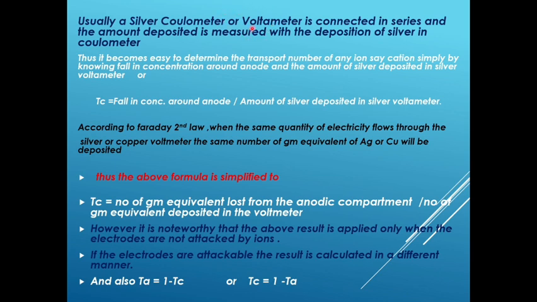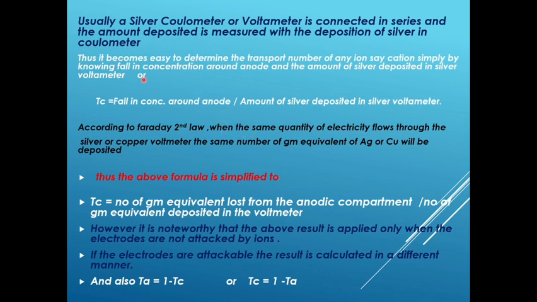This statement we are getting from Faraday's second law. According to Faraday's second law, when the same quantity of electricity flows through the silver or copper voltameter, the same amount of gram equivalent of silver or copper will be deposited. So this statement is coming from Faraday's second law.